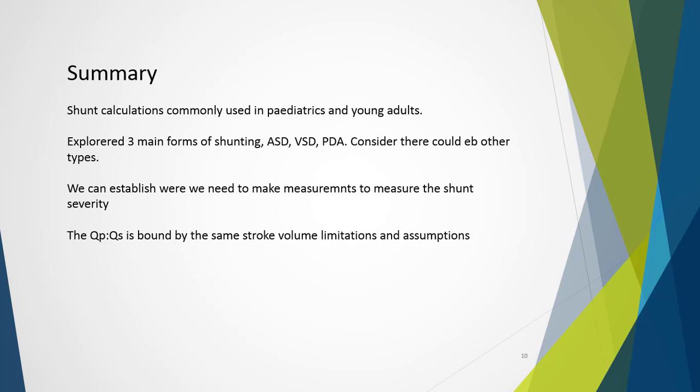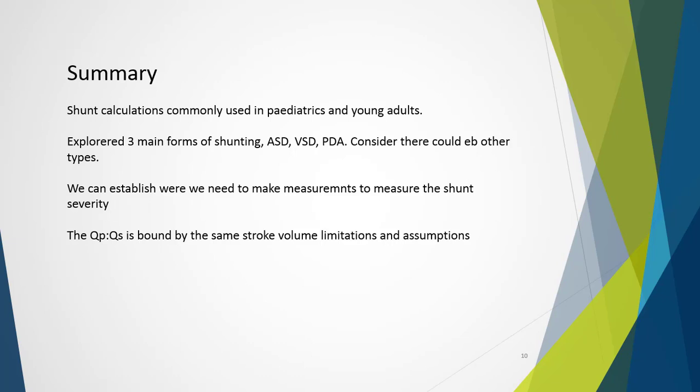In summary, shunt calculations are commonly used in pediatric and young adults. They may not have had previous screening, or a murmur or split S2 sound may be heard. We've explored the three main forms of shunting: an ASD, a VSD, or PDA.